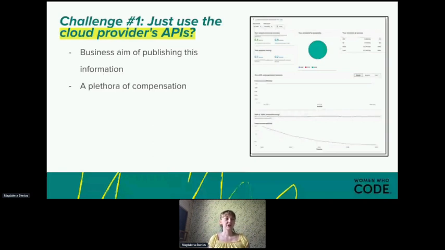But there were some challenges in this approach. One of the main challenges is, what is the business incentive of these cloud providers to actually show the carbon footprints? Of course, they would like to show very good numbers, showing that they are very green and very efficient.